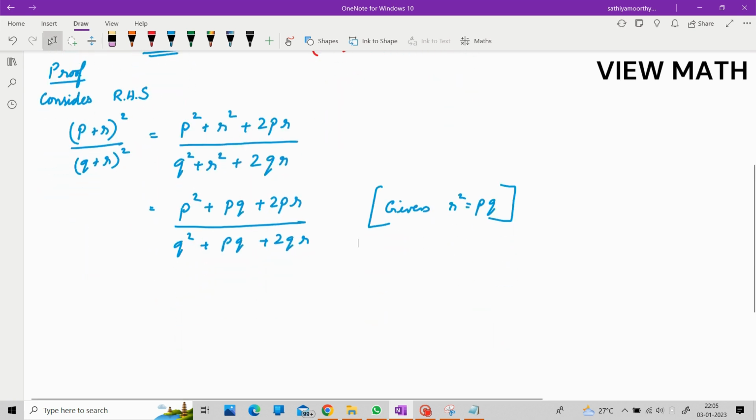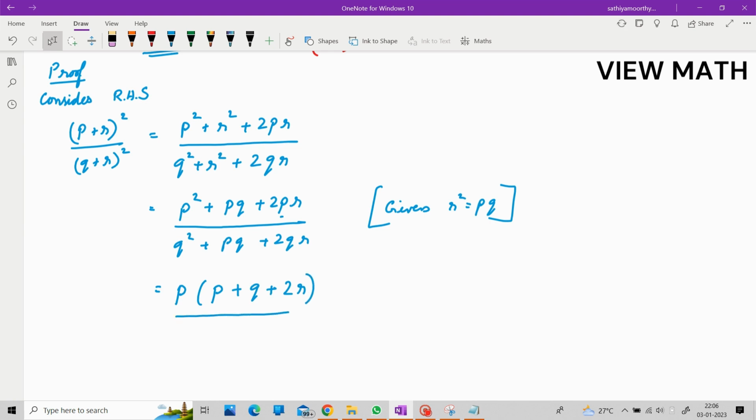Now I can see in the numerator p is common, so I am going to take it outside, p. Inside the bracket, p plus, I have taken this p outside, so q plus, again I have taken the p, so the remaining is 2r.